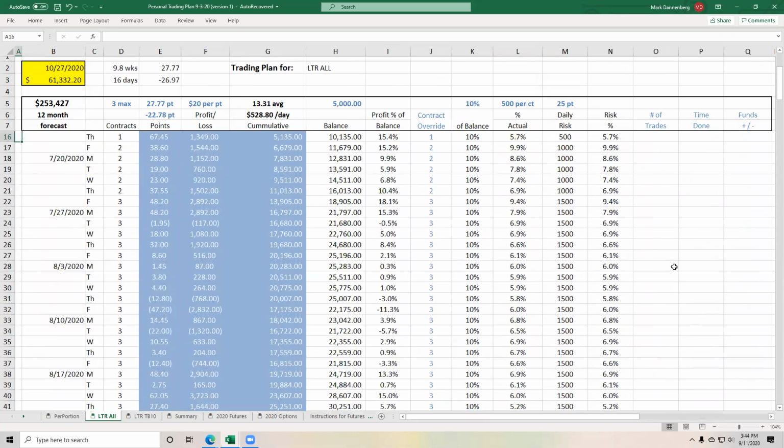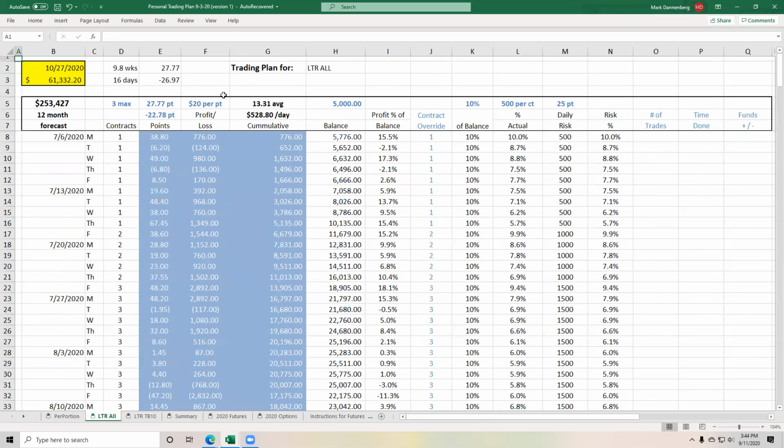Okay, so what we're going to do here now is we're going to go up to the top of our spreadsheet, and we're going to take a look at these two numbers right here and here. The first one is showing us what the average profit is per day on our winning days. That is our actual run rate, 27.77.